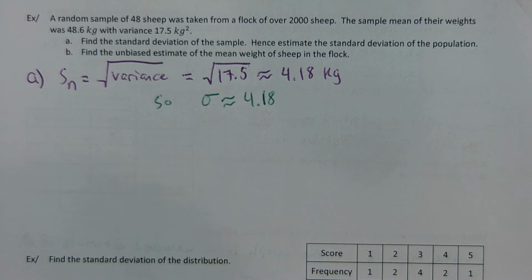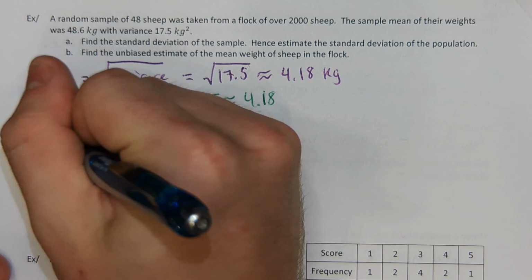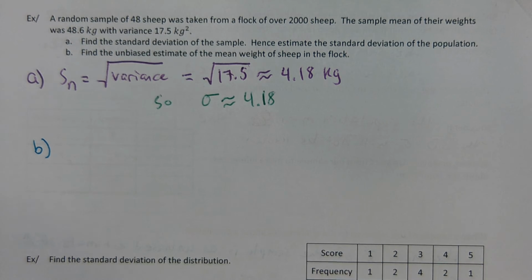So it says find the unbiased estimate of the mean weight of the sheep in the flock. Okay, once again, we use information from the sample to make estimations about the population.